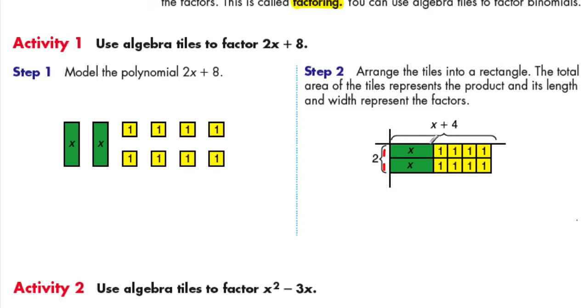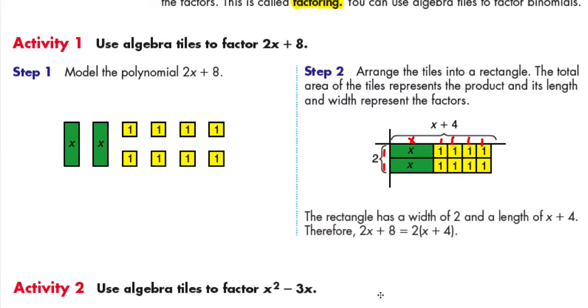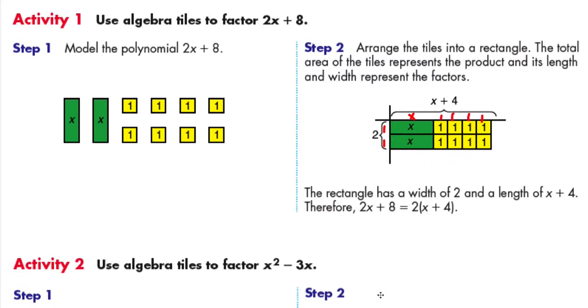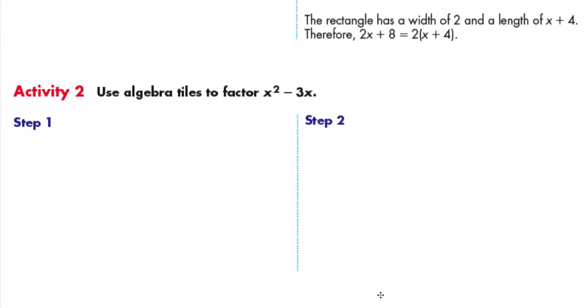And the length is x plus 4, because this is x right here, and this is 1, 1, 1, and 1. So this rectangle has a width of 2 and a length of x plus 4. Therefore, 2x plus 8 has factors of 2 times the quantity x plus 4.